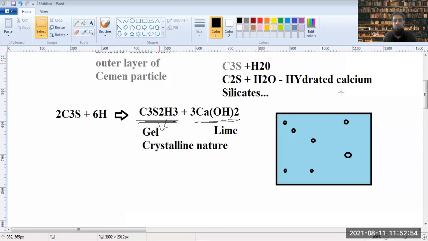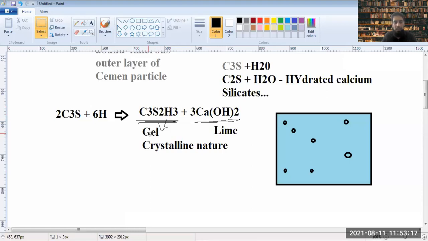Now that will be a small percentage, 10% after 1 year. It goes on decreasing with year and year, but even after 30 years, you will find an unhydrated cement within the overall cement structure.